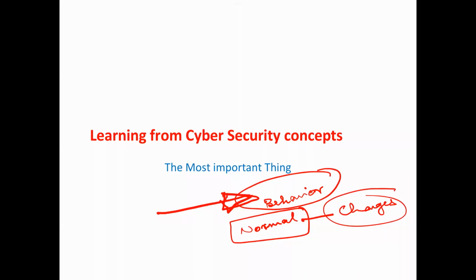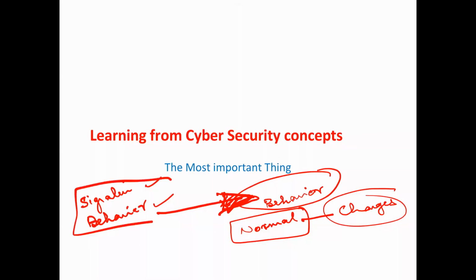Nowadays behavior is very important for detecting a virus, because every malware will have some signature, and behavior. So these are the two points based on which we can find out if there is an issue in a system, or a malware, because the system behaves differently.